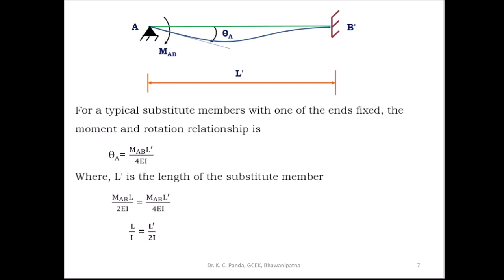So equate these two equations: MAB L by 2EI is equal to MAB L dash by 4EI. After cancelling MAB and E, the equation becomes L by I is equal to L dash by 2I.